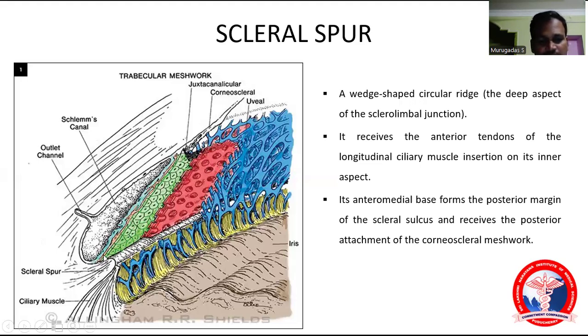Hope you can understand that this part is the anteromedial base that forms the posterior margin of the scleral sulcus, and which gives the attachment to the posterior part of the corneoscleral meshwork.